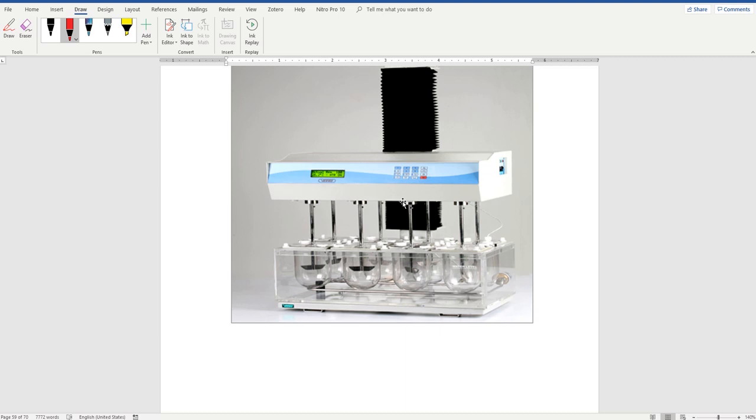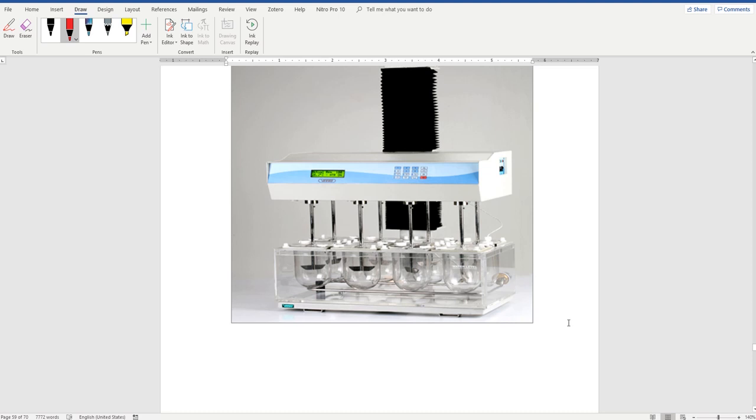And the reason why I prefer to do that is sometimes if you use capsules or some kind of tablets, they may float. Instead of sinking to the bottom here, they float, and this is wrong.